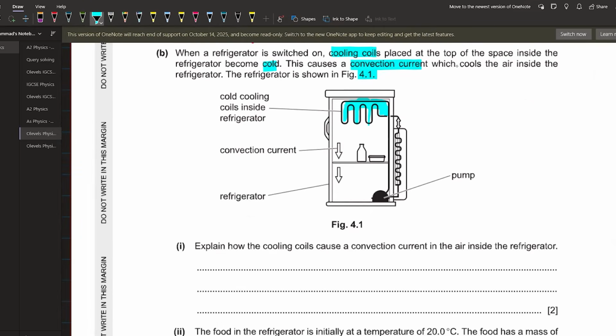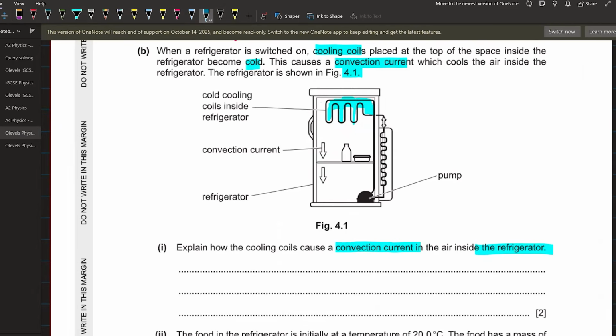Explain how the cooling coil causes a convection current in the air inside the refrigerator. 2 marker question. Let me give you a 3 marker answer for this. बेटा देखो क्या होगा. The air surrounding the cooling coil will become cold. ये सारी की सारी जो एयर है surrounding the cooling coil will become cold and it will become more dense. It will fall to the ground.